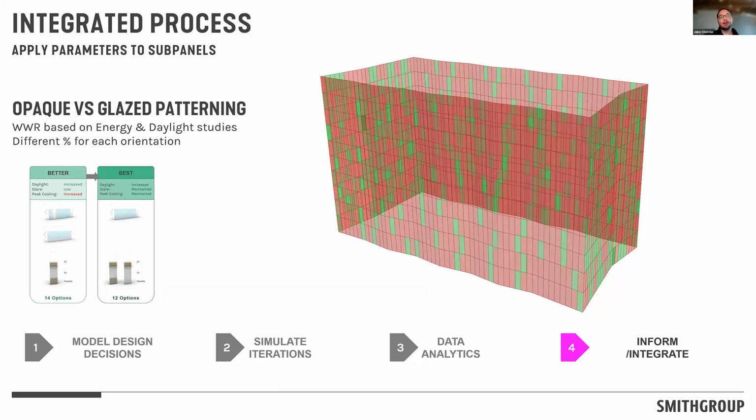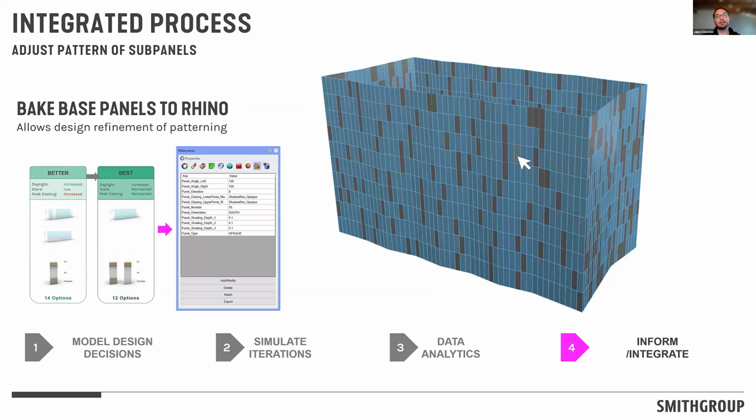And then once we have that applied, we can actually bake those panels back into Rhino. And what this does is it allows the design team to jump back in. Maybe we have a couple people who are comfortable in Grasshopper, but most of the design team wants to work within Rhino or Revit. So the process we developed was to actually bake these panels. And if you click on these panels, you'll actually see that there are embedded properties in those panels. So what we have shown here in the better and best buckets, all those shading options, if it's an opaque versus a glazed panel, that all gets translated into custom user properties for each one of these Rhino panels.